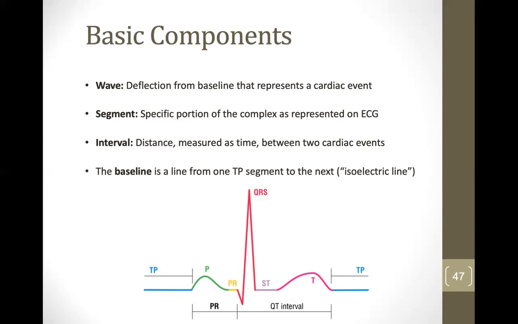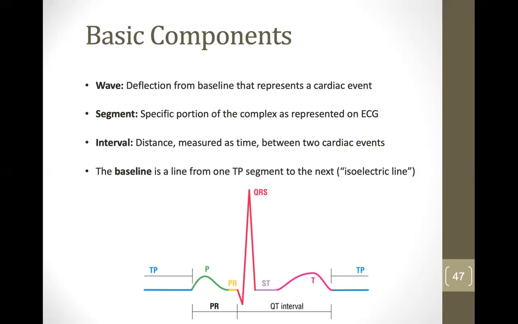You can see we have a segment right here, another segment that leads from here into the next beat, and a segment right here. They're typically on the baseline in a healthy individual, and they're sections where there's a pause in what's happening.